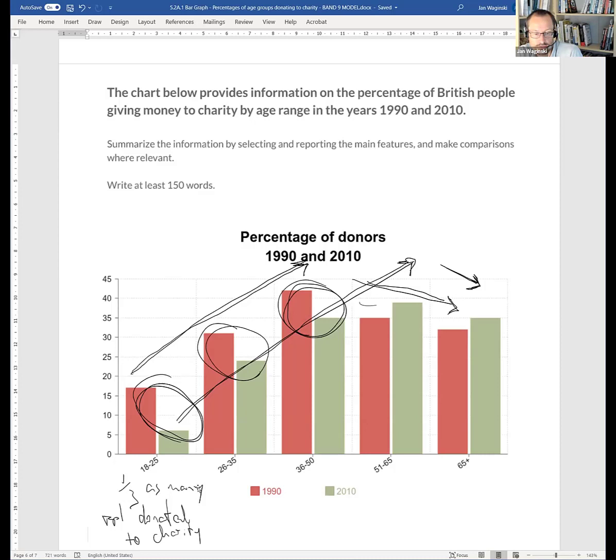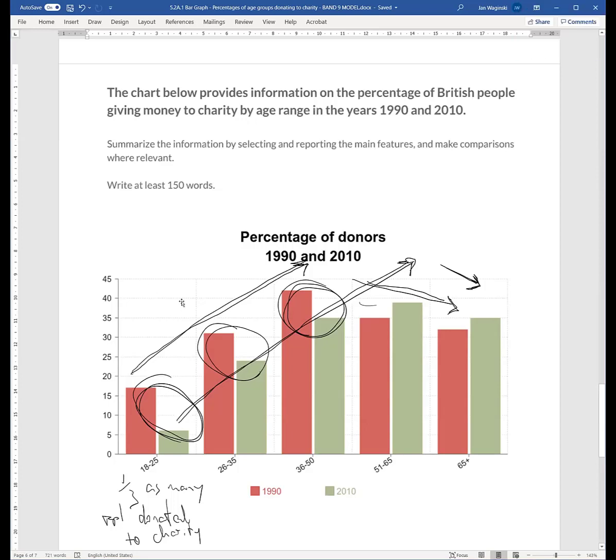Does that make sense? Because here's why this is important. If you just say 17 minus 6, you can say 11% fewer people donated to charity, right? But 11% would also be true if we had 90% donations in 1990 and 79% donations in 2010.